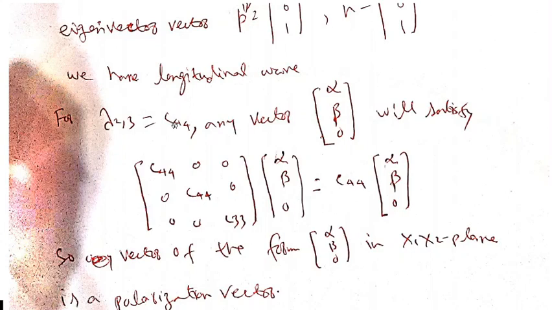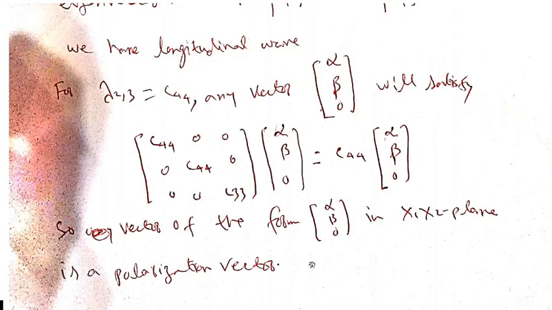So for this type of eigenvalue we have this vector, and this vector will always satisfy this type of equation. This is our lambda, this is our vector, equal to C44 again, and we know that C44 is the eigenvalue, so it means that this is the eigenvector. Any vector of this form will be the eigenvector of this tensor gamma corresponding to eigenvalue C44, and you can see that this eigenvector will lie in the x1 x2 plane.